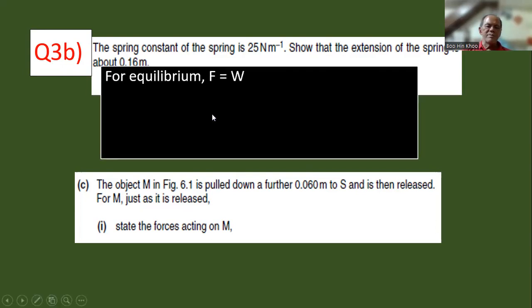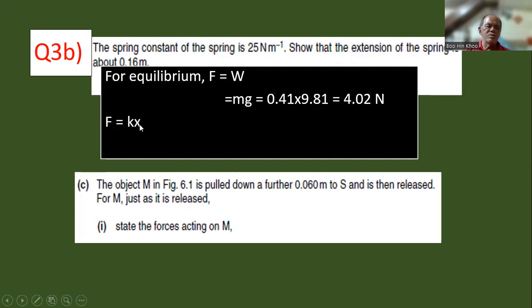So just use the formula. Right? For equilibrium, the force by the spring equals the weight. The weight is mg. So m is 0.41 times 9.81. Get 4.02 Newton.